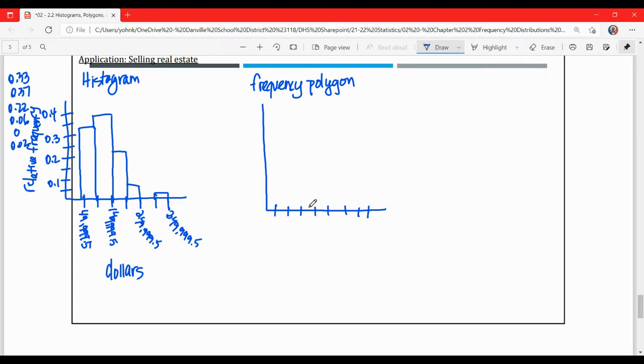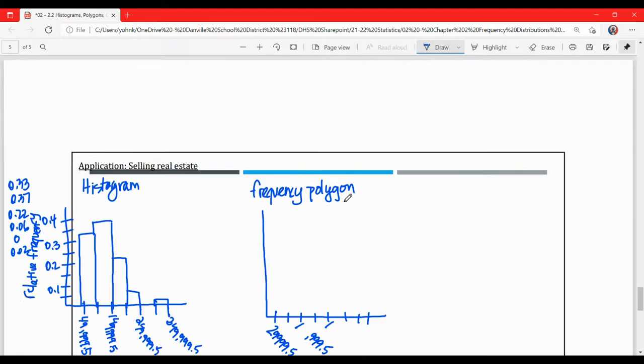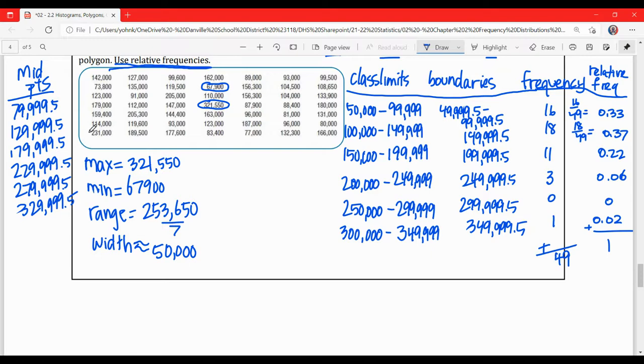Oh, subtract 50, so it'll be 29,999.5. Then 119, 129.